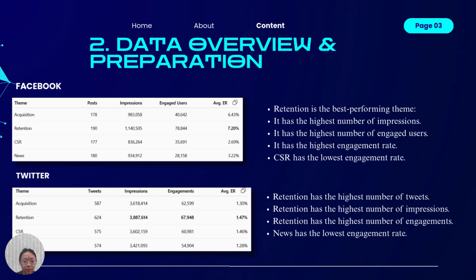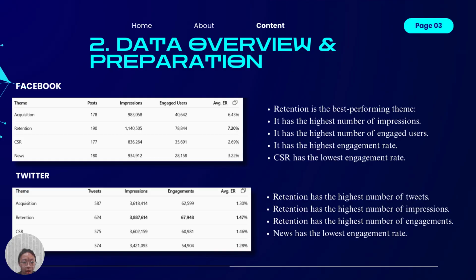It achieved the highest number of impressions, over 1.14 million, the highest number of engaged users, 78,800, and the highest average engagement rate at 7.20%.